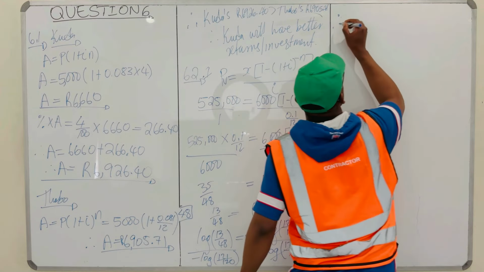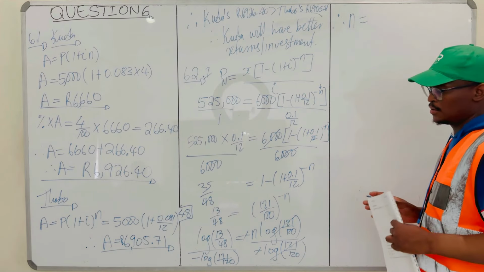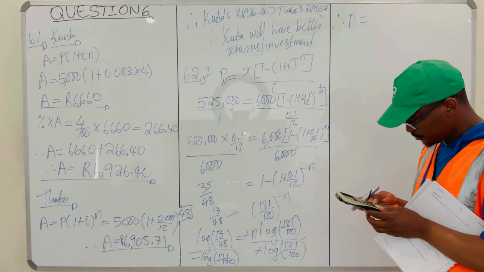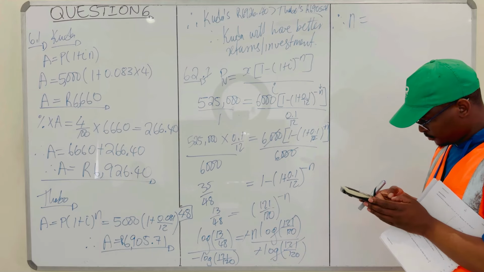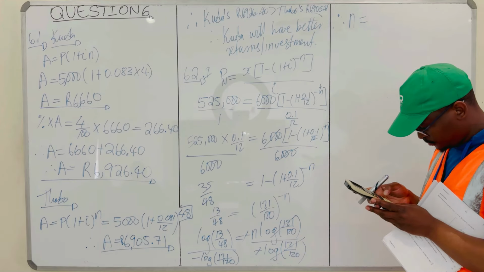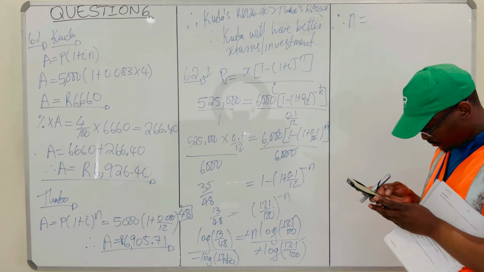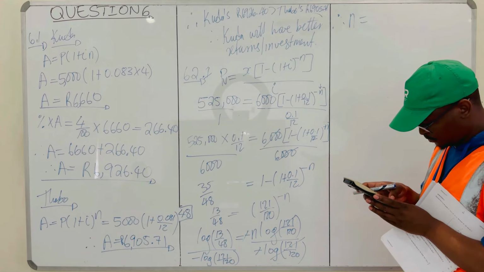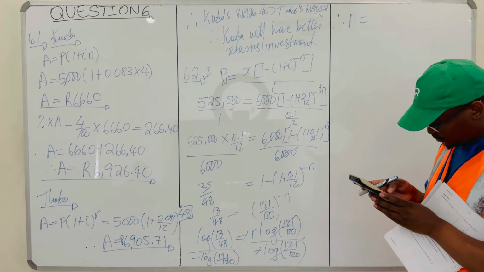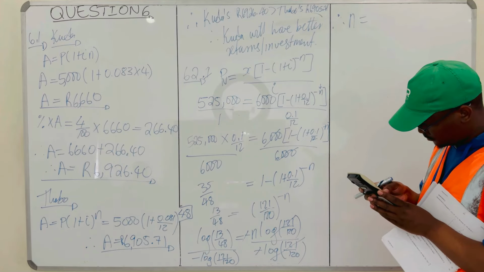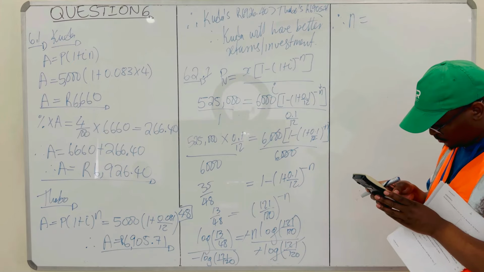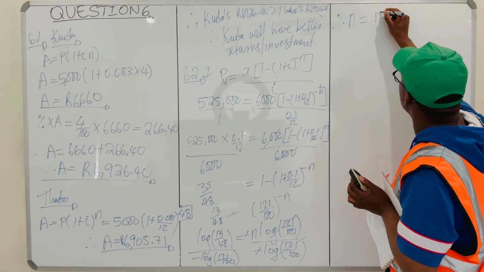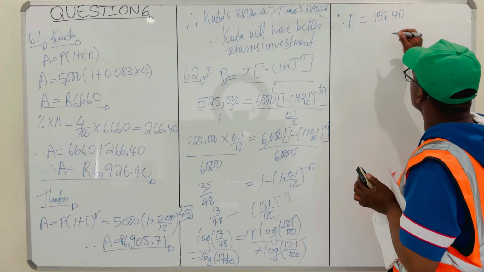Therefore, your n is equal to 157.40. So this is your n.